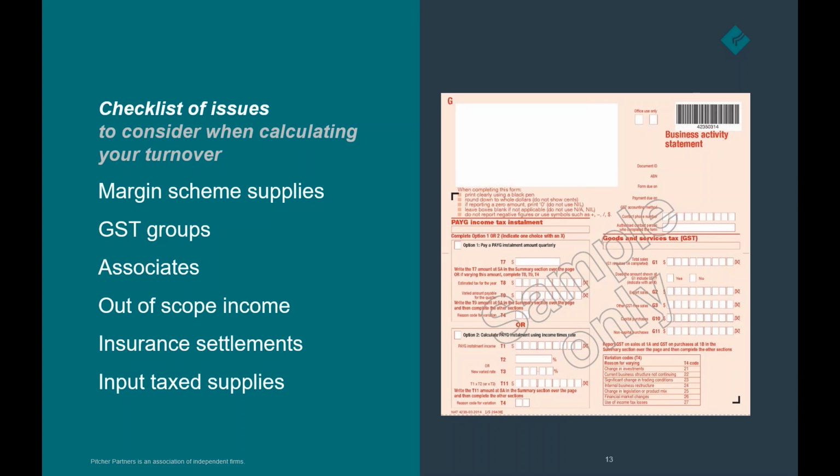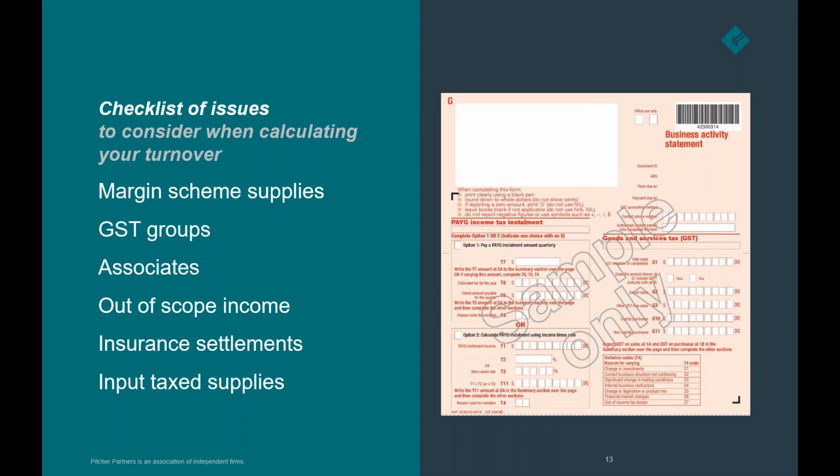So I'd like to just move into a checklist of some of the issues that we believe you need to consider when calculating your GST turnover for JobKeeper purposes. The first one is in relation to margin scheme supplies.